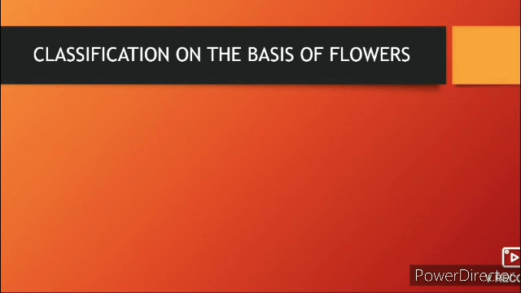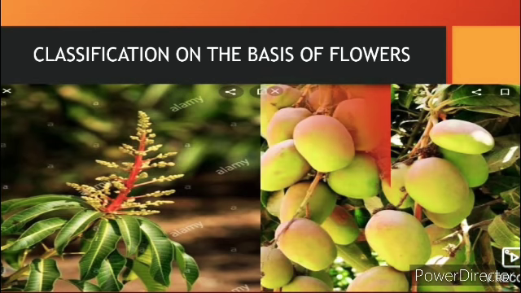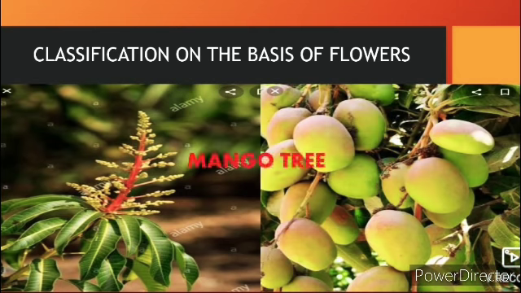Now, let us see the classification of plants on the basis of flower. Plants are classified into two types on the basis of flower.